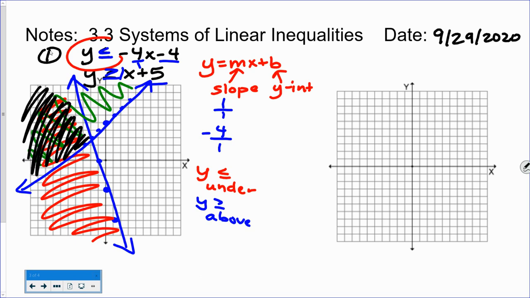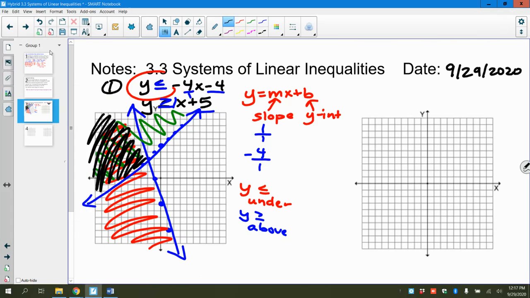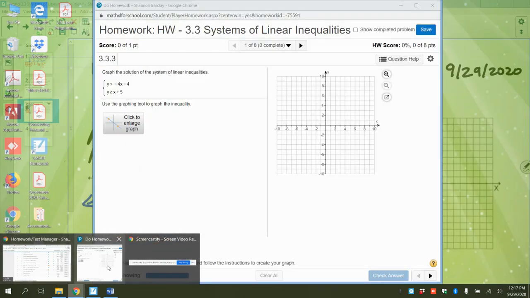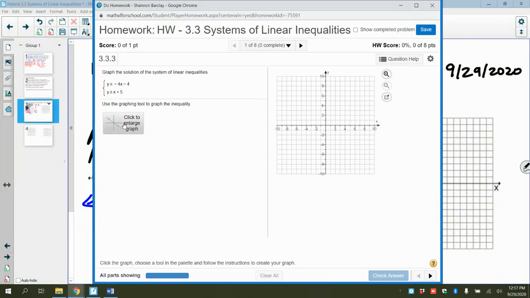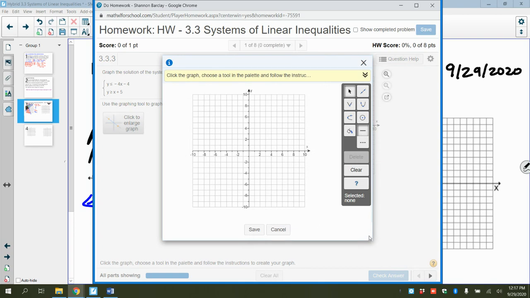We'll look at the other three examples on paper as well, but I want to show you what this example would look like if you were entering this into Math Excel. If you need to enlarge the graph, you can enlarge it.